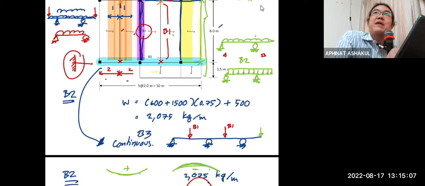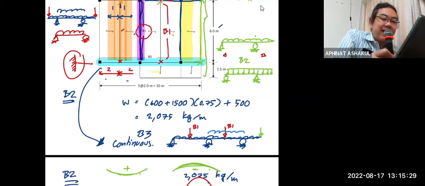So another half is on B3. So you must not forget that. But then again, B3 will have its own self weight. And then the load from the floor outside on this bay and that bay.